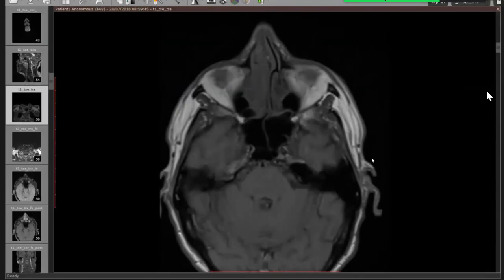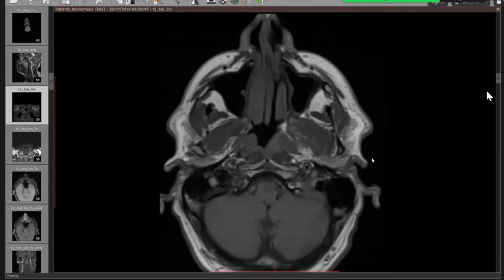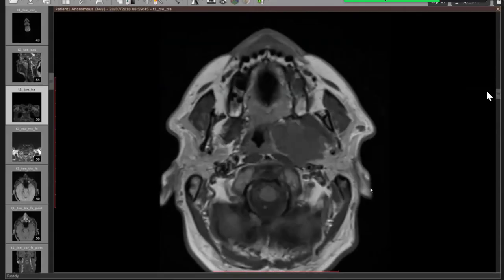Okay, sure. So here I'm at the skull base. I'm moving downwards.